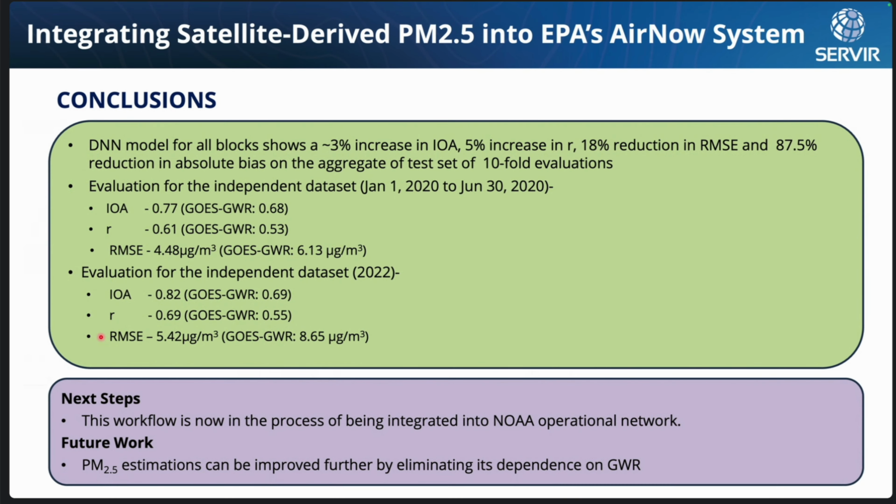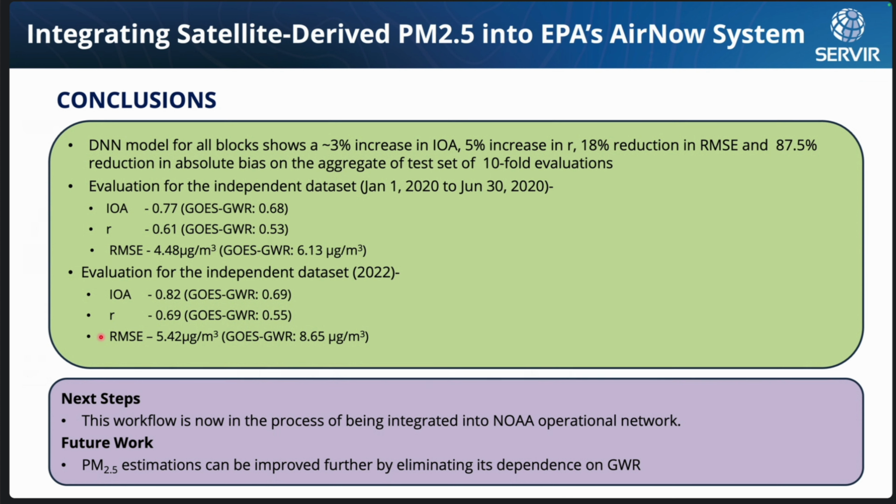So to conclude, we developed DNN models that show a 3% increase in index of agreement, a 5% increase in Pearson correlation, as well as an 18% reduction in root mean square error. When we evaluated this on an independent data set from Jan 1, 2020 to June 30, 2020, that's the peak COVID period, we found that the model performed much better than the GOES GWR model.